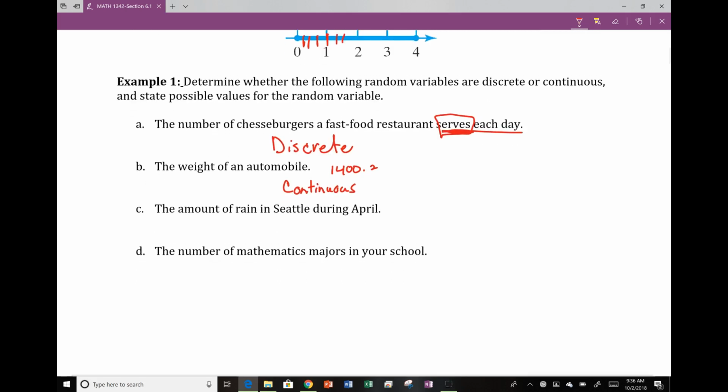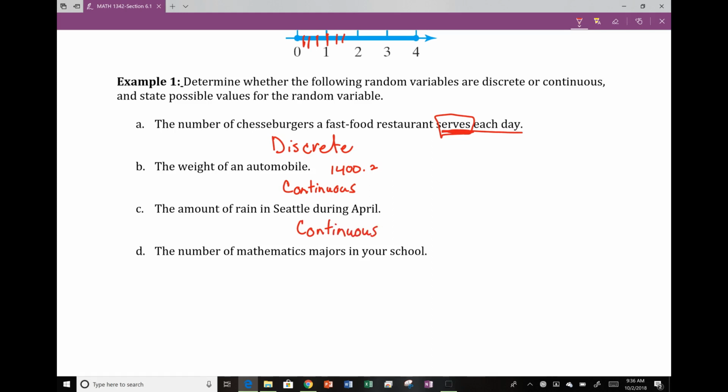The amount of rain in Seattle during April. Do we just say that Seattle got 4 inches? 3 inches? No, most of the time we actually say that they got 3.2 inches or 4.5 inches. So this one is actually continuous as well.